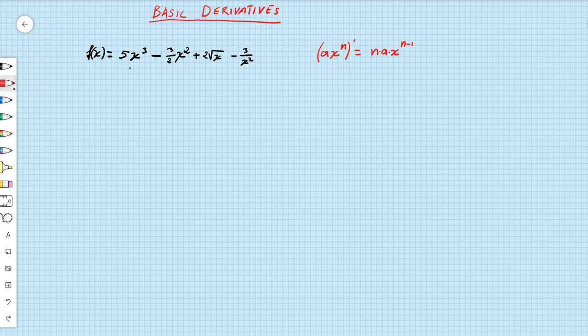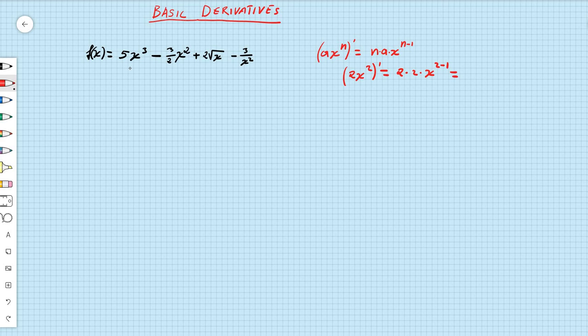So if it were power 2, then that means it would just be x, and then you multiply the 2 here. So let's say you have 2x squared. The derivative of this will be 2 times 2 times x to the power of 2 minus 1.